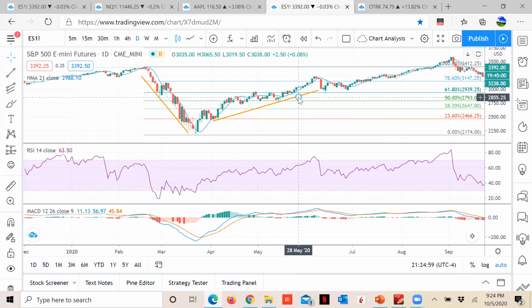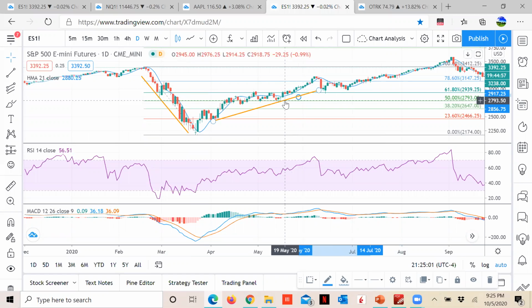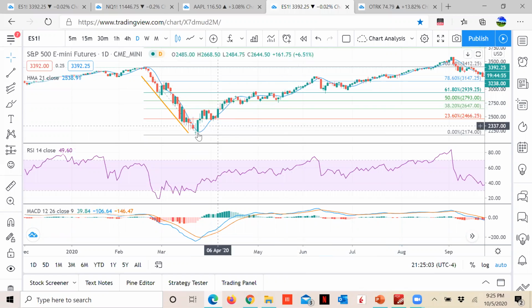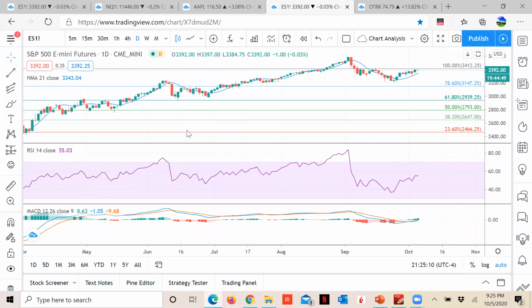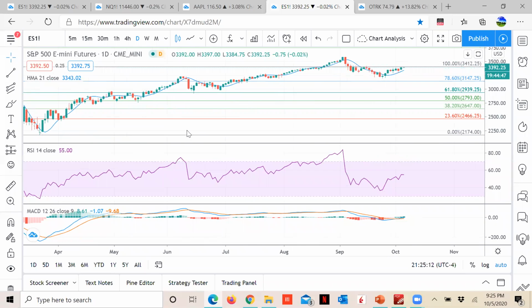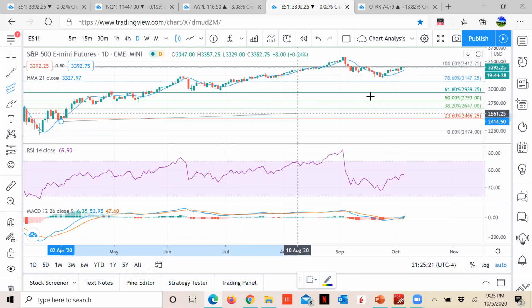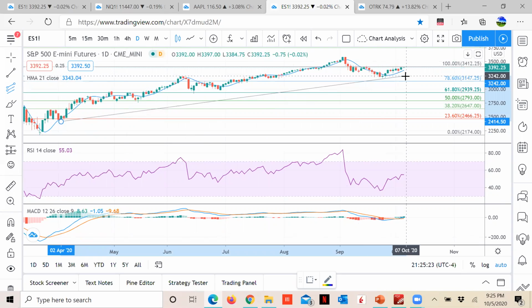Similarly, what the Fibonacci channel does is it follows the trend, whether it be an upward or a downward trend. If it's an upward trend, basically you select this Fibonacci channel, you start from two lows.